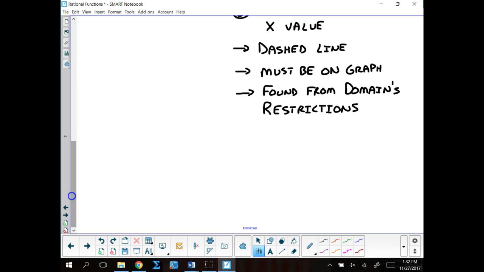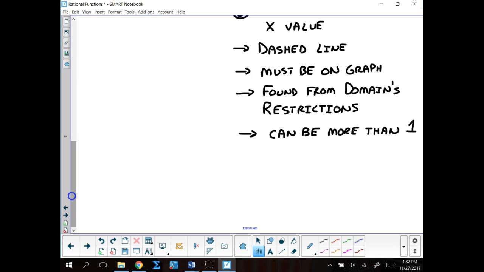However many numbers that make my denominator be 0. Okay.